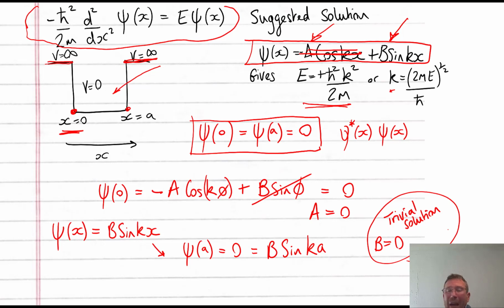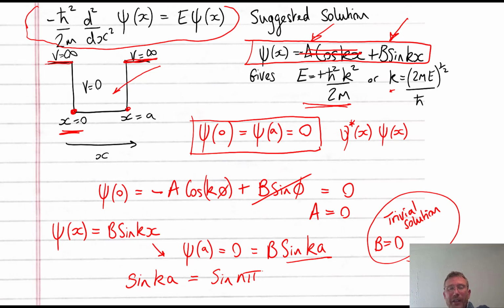The better solution here is to consider that we also get a value of 0 when the sine of ka equals the sine of n pi. That's also a condition where we will end up getting a 0 value.